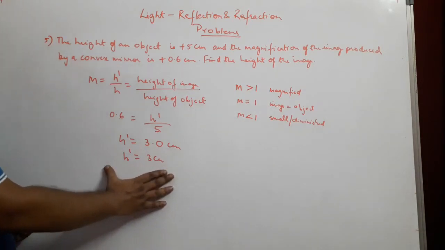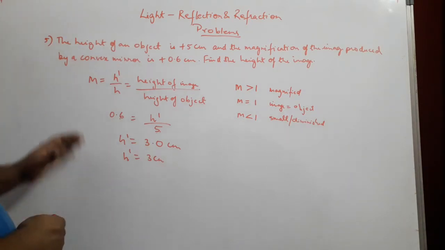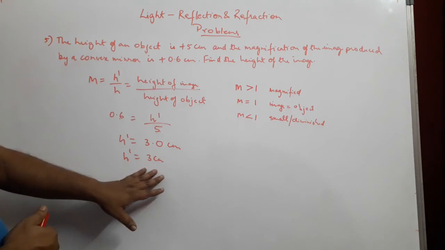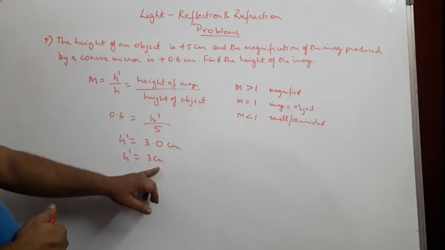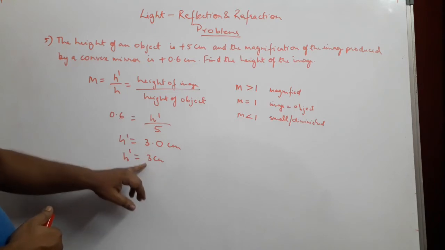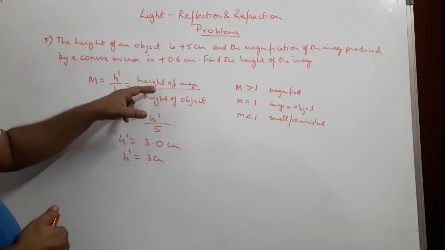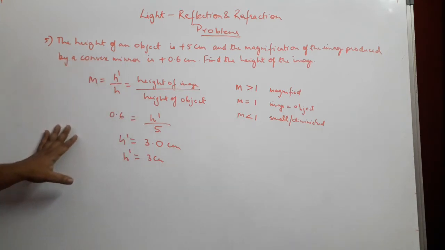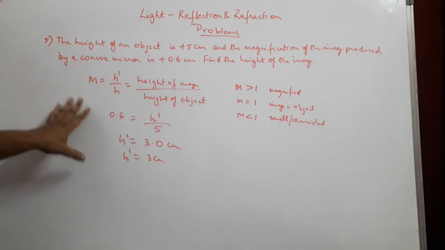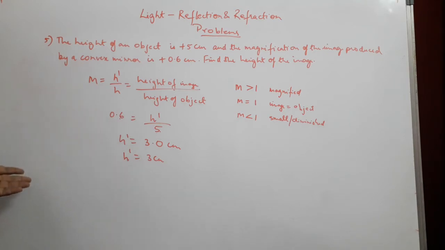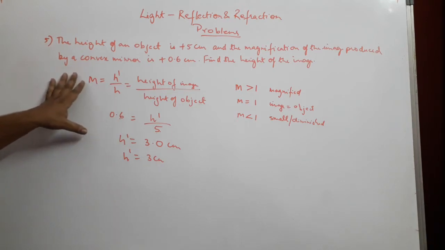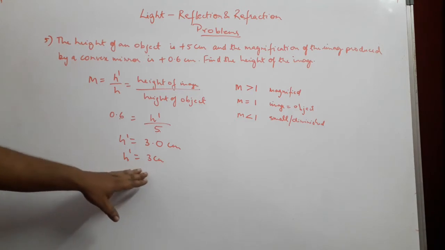So here the value is quite small, which tells you that the height of the image formed is not greater than that of the object, but is small compared to the height of the object. So slightly smaller. The height of the object is 5 centimeters, but the height of the image is 3 centimeters. So remember, this is how we come to the conclusion whether the image has been magnified or not. You may get application questions based on this problem as well, if the examiner feels like asking an additional question based on this solution.